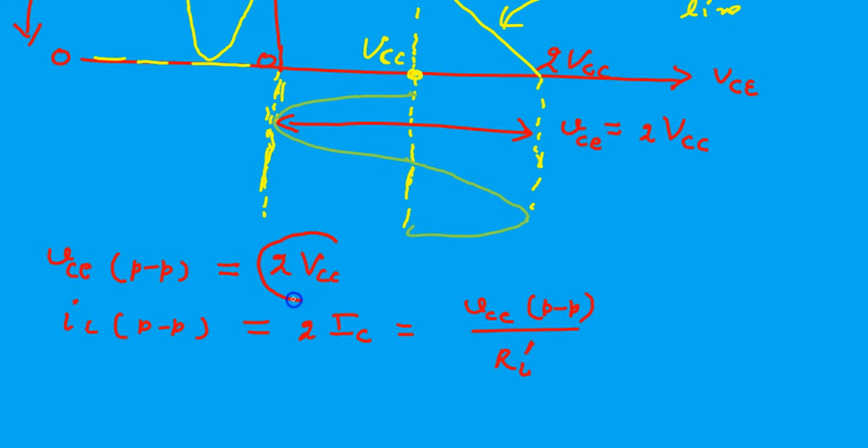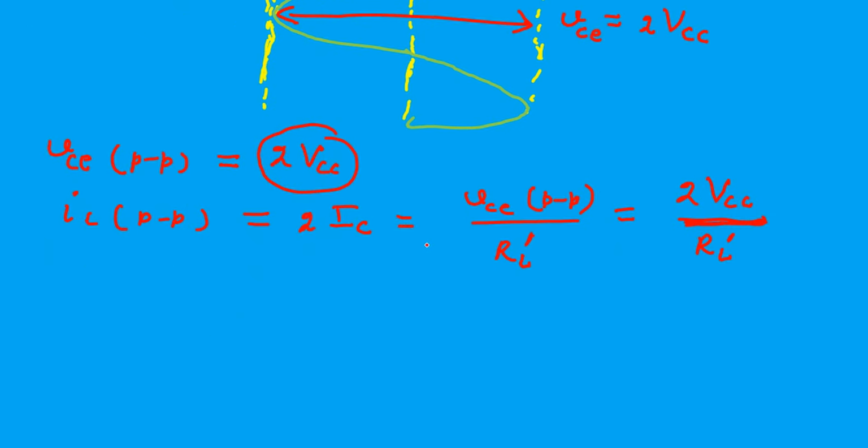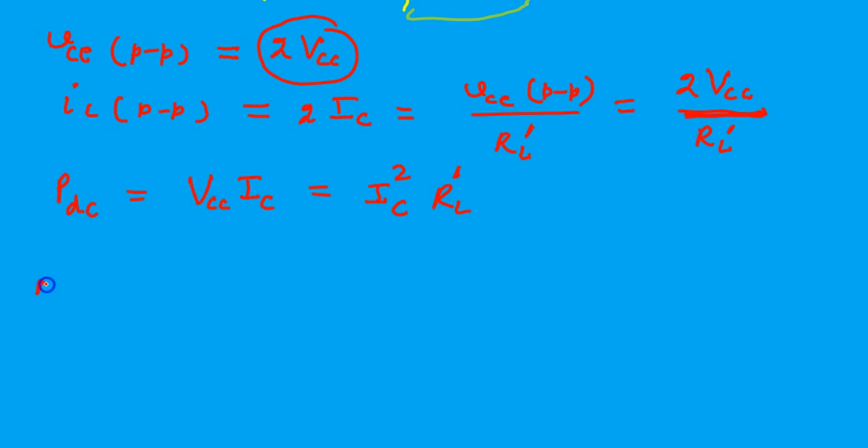So again, IC is voltage over resistance, and the resistance is RL dash, because it includes the transformer reactances also. So DC power is I square R, meaning I square RL dash.